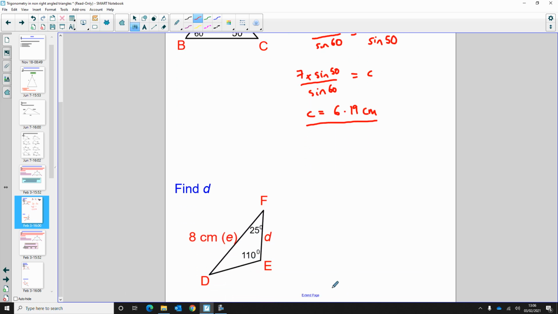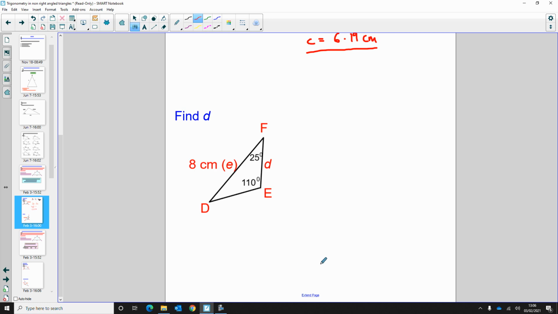Let's do another example. Find the side d. I'm going to write out the sine rule, but in this case, I've got d, e, and f. So it's going to be d over sine D, e over sine E, and f over sine F. We're trying to find d, so we need to definitely use that one.